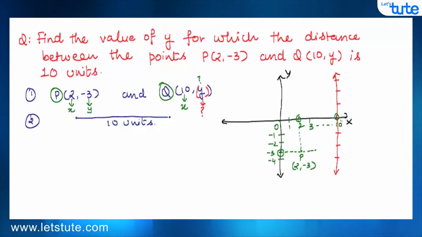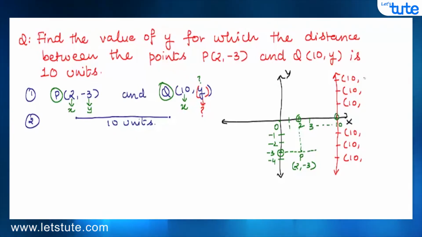Let me tell you that on any given line, we have an infinite number of points and it's impossible to plot all of them, but I have taken some of them, 6 or 7. How can we write their coordinates? Definitely their x coordinate is 10. But what about the y coordinates? We have different y coordinates.